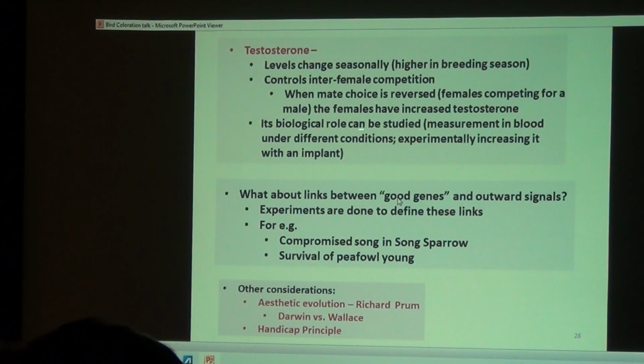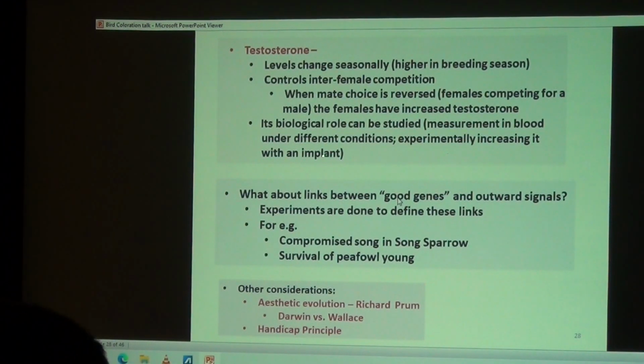Its biological role, that is the role of testosterone, can be studied in a correlative kind of way. You can measure it in blood under different conditions, maybe looking at a variety of males with different plumages, measuring their testosterone level in the blood and making a correlation. You can also look at it in a causative way.